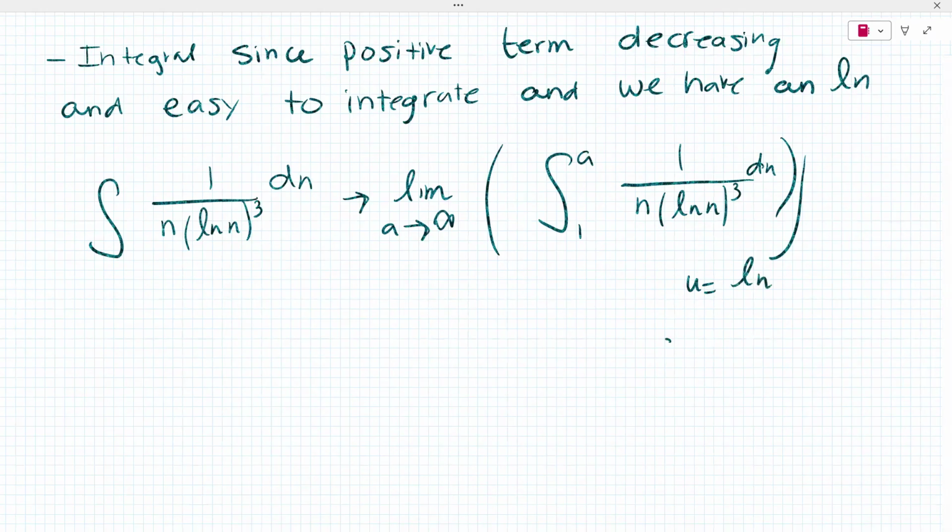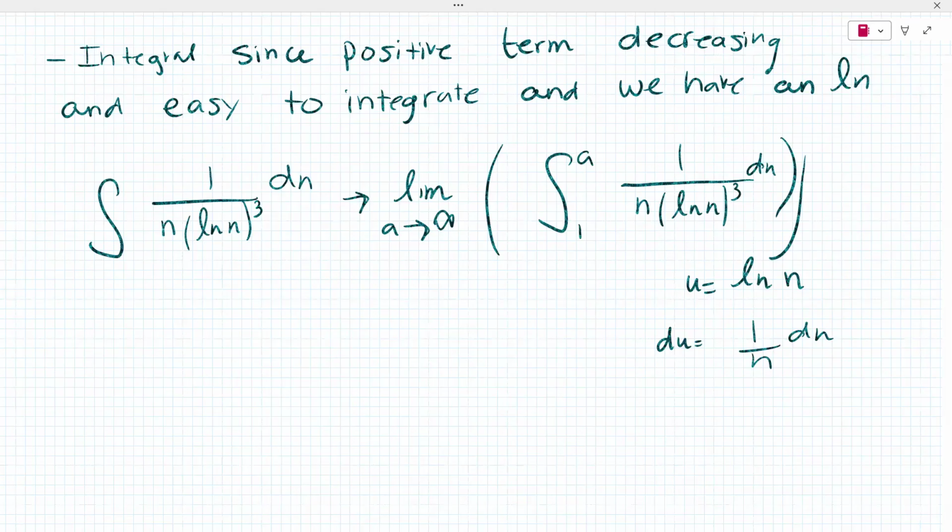And my du is going to be the derivative of ln of n, which is 1 over n dn. I don't think we need to get rid of anything because we have 1 over n dn, so we're good.